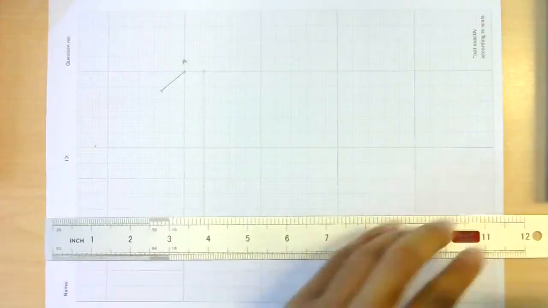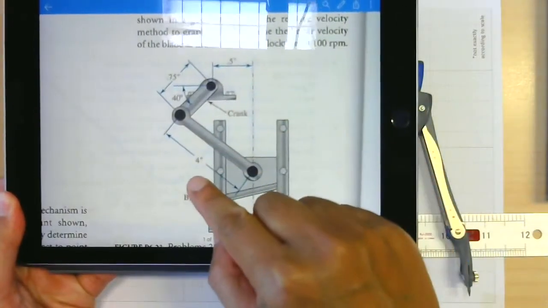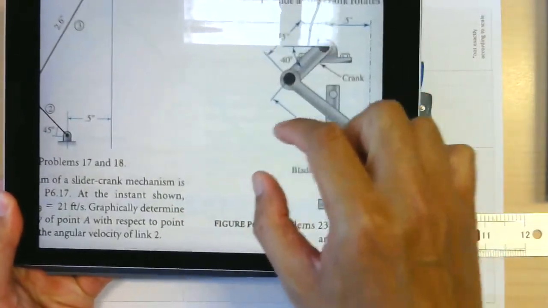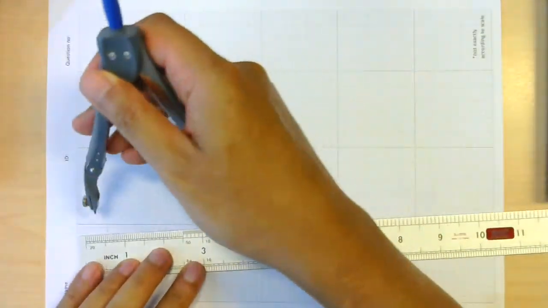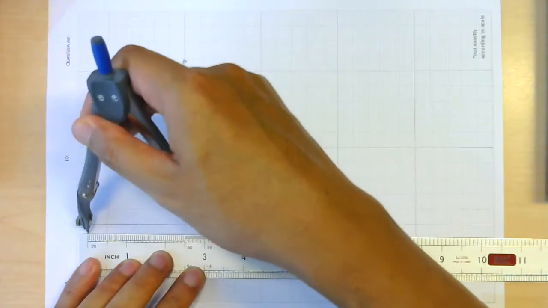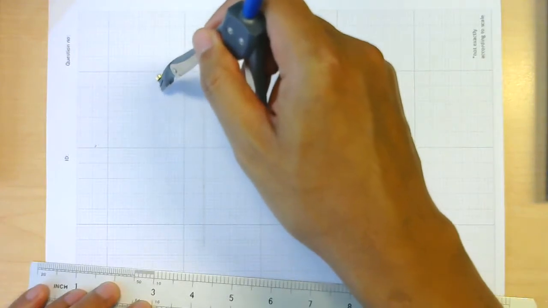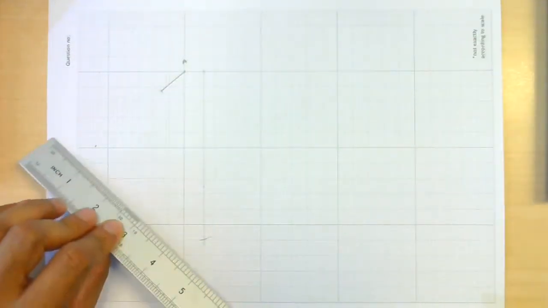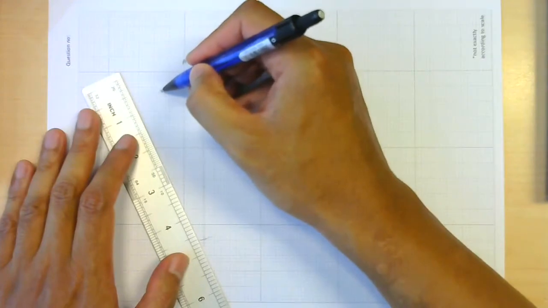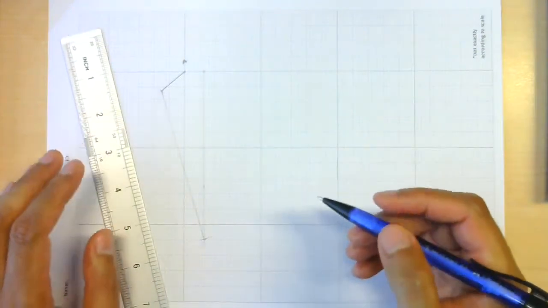Now the length of the connecting arm is 4 inches. So we measure 4 inches from here. With that, that's 4 inches.